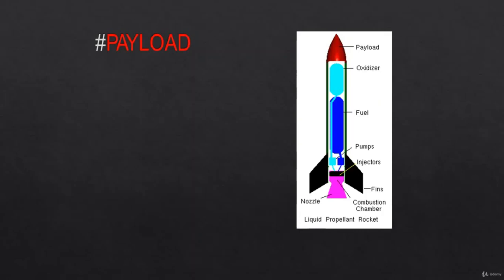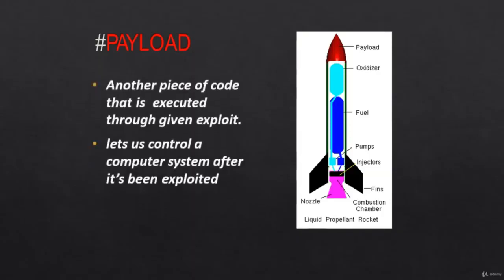For example, you can click photos using the camera, access the microphone, and many more things. So, in simple terms, a payload is another piece of code that is executed through a given exploit, and it lets us control a computer system after it's been exploited.